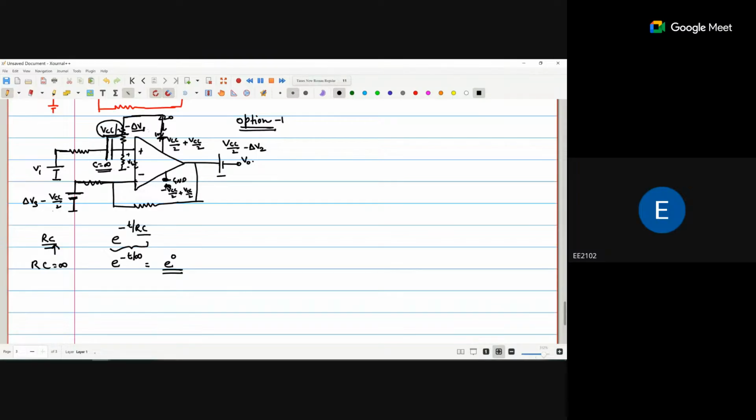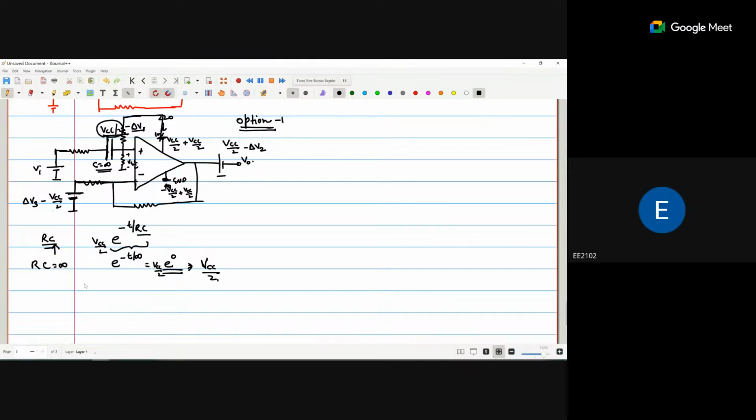If it is multiplied with VCC by 2, you are always getting a VCC by 2 supply. So you are getting a VCC by 2 constant voltage if your C is infinite.